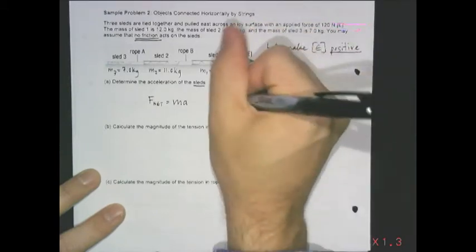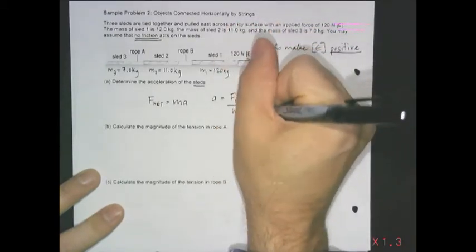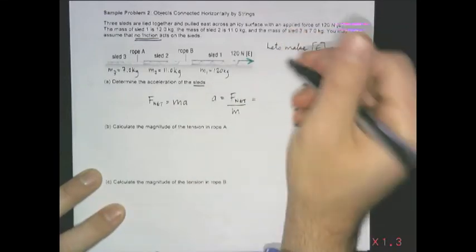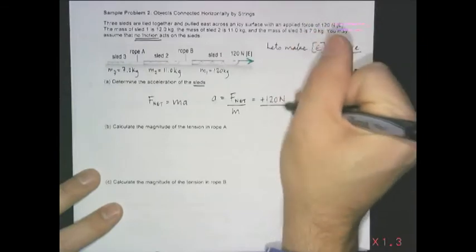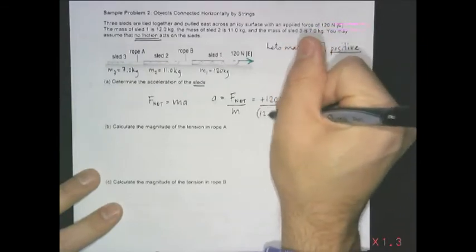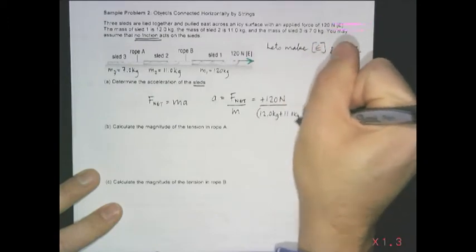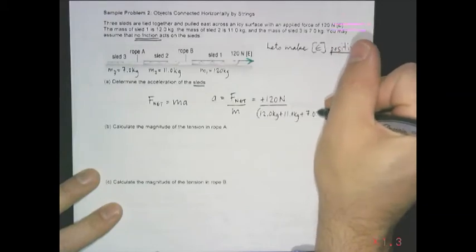Rearranging this, we say acceleration equals net force over mass, which is positive 120 newtons divided by all three of these masses combined: 12 kilograms plus 11 kilograms plus 7 kilograms.